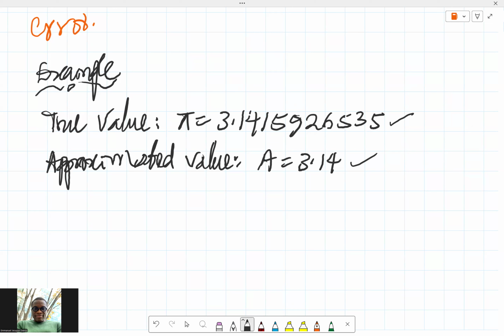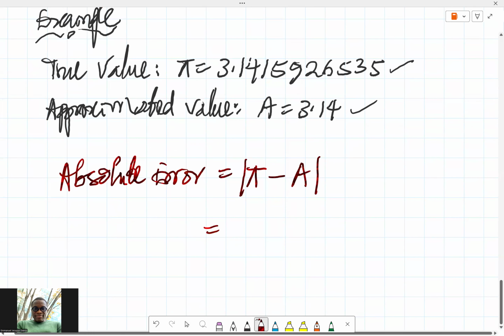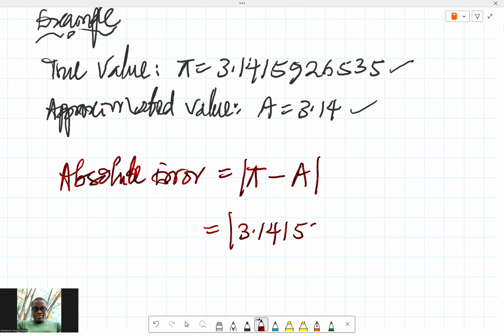So now we have to deal with that. Your absolute error will be equal to the absolute value of pi minus A, the true value minus the approximated value. So that will be the absolute value of 3.1415926535 minus 3.14.